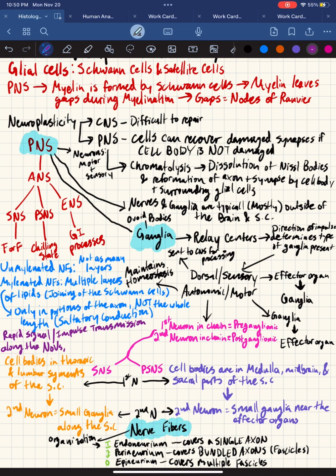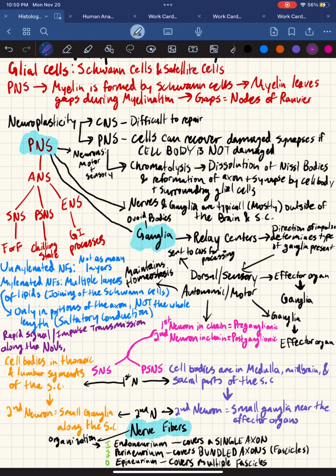Now, if you remember your biochemistry, the myelin sheaths being made of lipids, fatty acids, lipids are extremely hydrophobic. So they prevent any action potentials from propagating anywhere else besides the nodes of Ranvier. And this keeps it in check and keeps it from just going haywire in random directions.